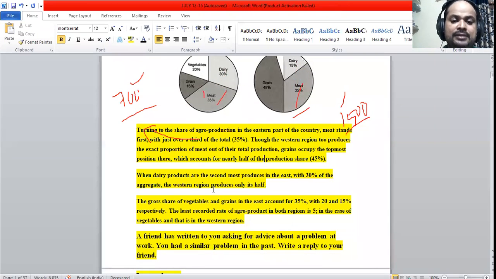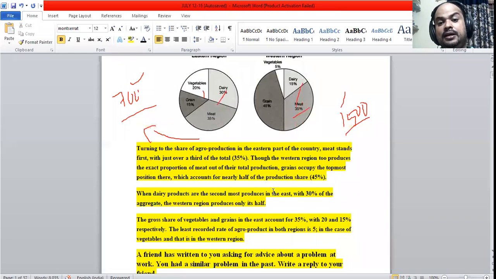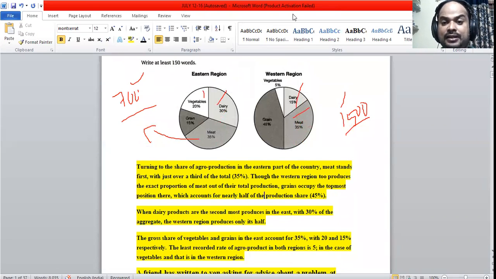When dairy products are the second most producers in the East, you can say the second most producers is dairy products in the East. Yes, first is meat and second is the dairy products. With 30% of the aggregate, the Western region produces only its half.